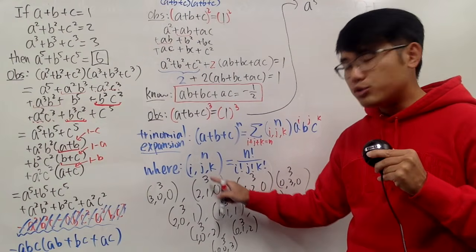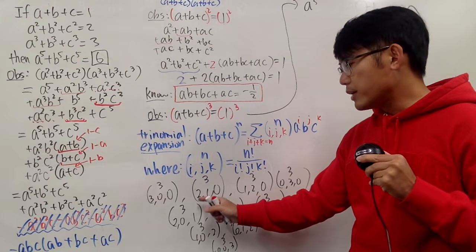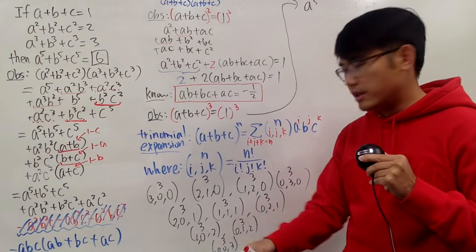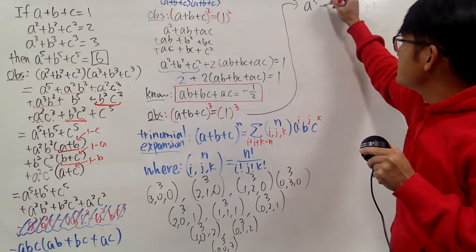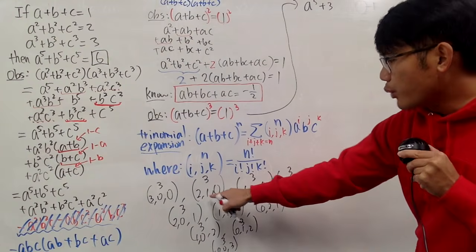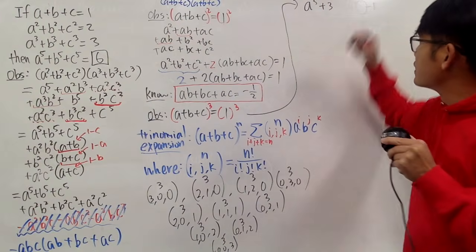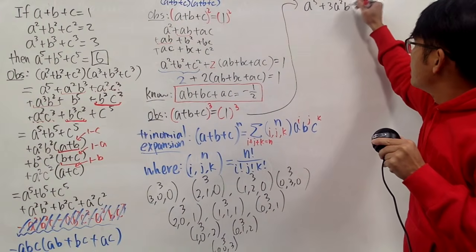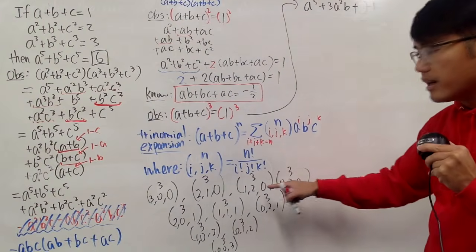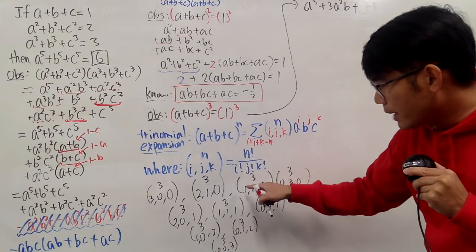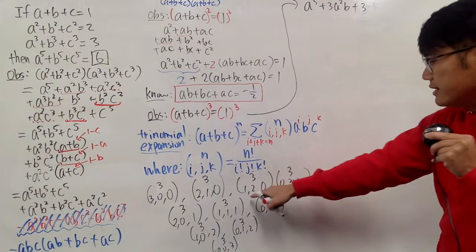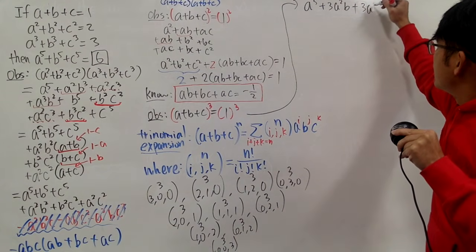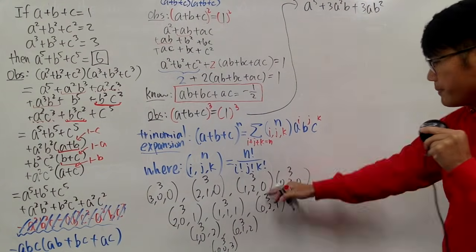And this right here, okay, let's do this in your head. 3 factorial, which is 6, divided by 2 factorial, 1 factorial, you get 3. In fact, this is 3, this is also 3. So you have plus 3a squared b to the first power, right? Plus, and this right here, again, 3 factorial divided by 1 factorial, 2 factorial in the denominator, you get 3, and then this is a to the first power, and b to the second power.